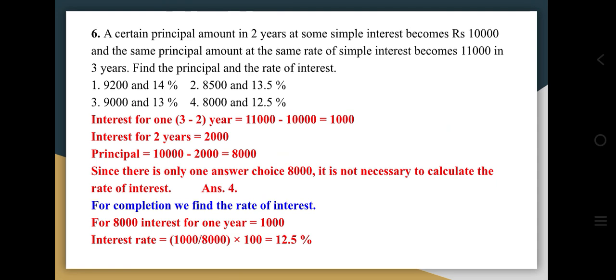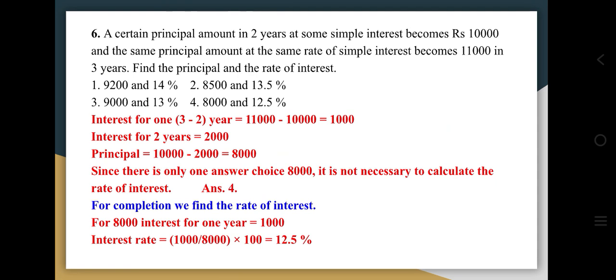Interest for 1 year is 1,000, so interest for 2 years is 2,000. But the amount becomes 10,000 after 2 years. So principal amount plus interest for 2 years is 10,000. So the principal amount is 10,000 minus 2,000, which is 8,000.